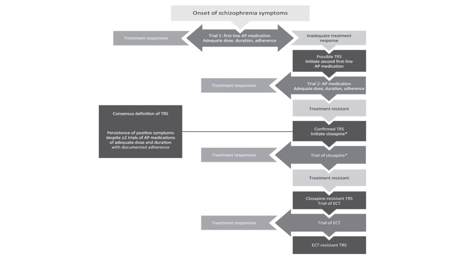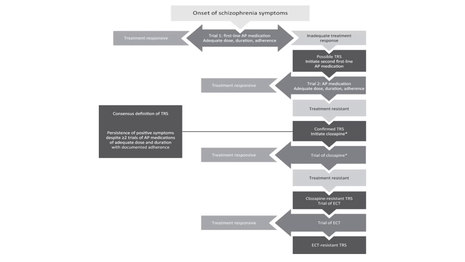So when we are confirmed that it is a treatment resistant schizophrenia, we will initiate the treatment, we will give the drug clozapine. The trial of clozapine may be responsive, and sometimes it is resistant.